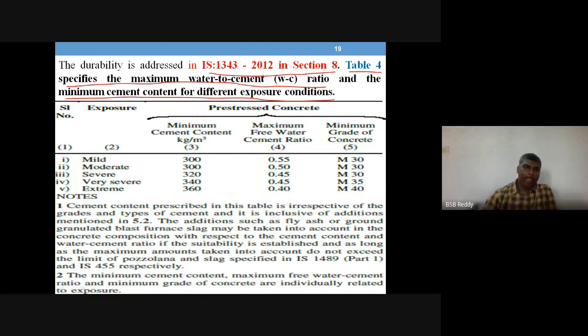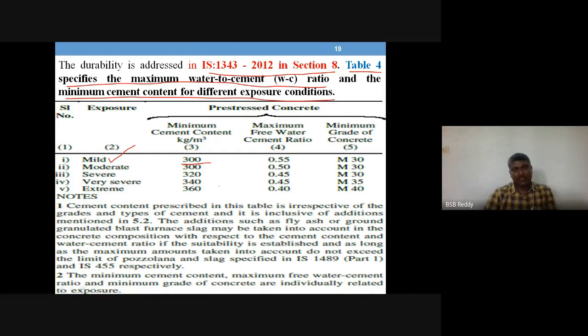Okay, so for example, if you have a very mild exposure, then the minimum cement content in a concrete, per cubic meter of concrete, there should be 300 kg of cement used.